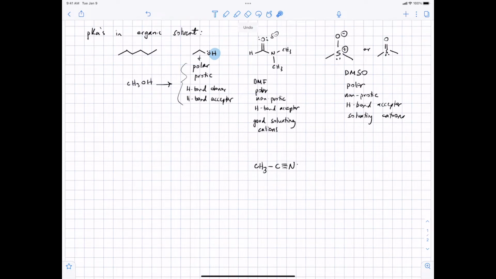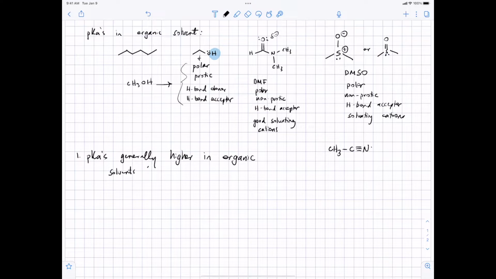Okay, so some principles about non-aqueous solvents in general you're going to find. pKa's first. pKa's are generally higher in organic solvents than in water, because the organic solvents are not as good at solvating ions. They are worse than water at solvating ions.